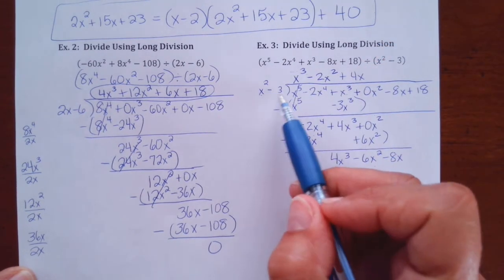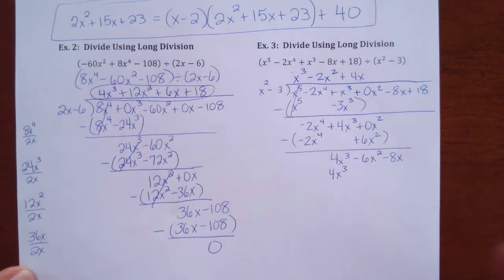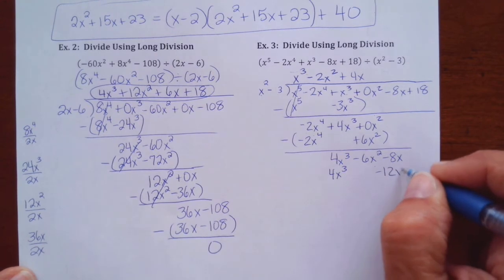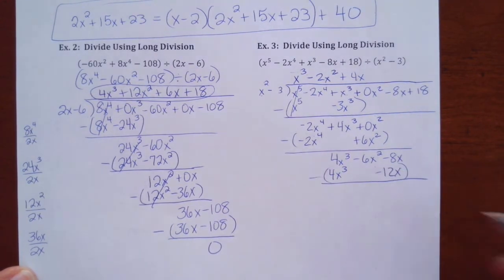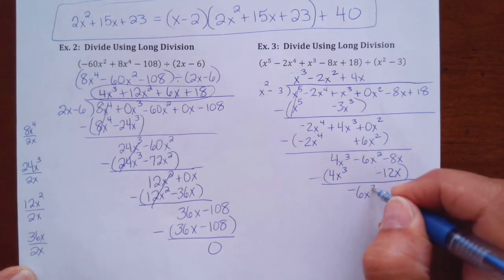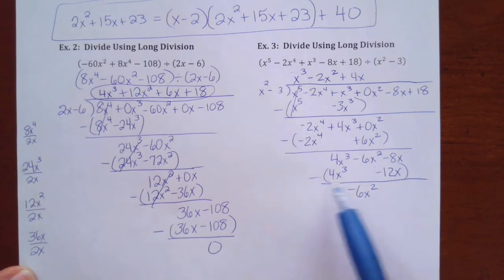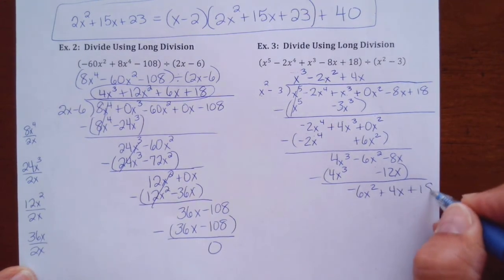Multiply 4x times each of these, so 4x times x squared, 4x cubed. 4x times negative 3 is negative 12x, goes over here. We're going to subtract. The 4x cubed terms are going to cancel, bring down the negative 6x squared, and you have negative 8 plus 12, so that gives you plus 4x. Bring down that last term.